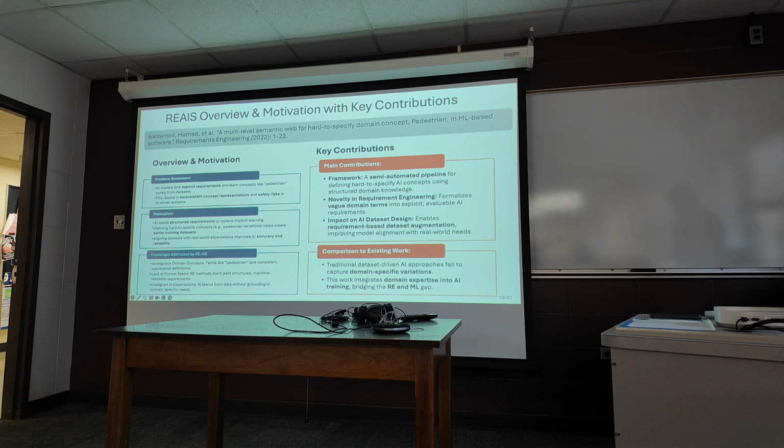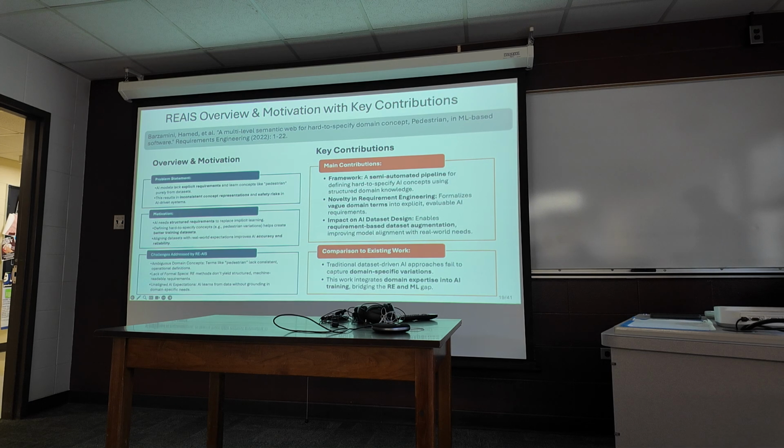As we mentioned earlier, REIS tackles the challenge of extracting structured requirements from informal domain knowledge. These results are published in the RE journal paper titled "A Multi-Level Semantic Web for Hard-to-Specify Domain Concept: Pedestrian in ML-Based Software." This work is foundational. It builds a semantic structure for hard-to-specify concepts like a pedestrian, which ML models often learn implicitly and inconsistently from the raw data.